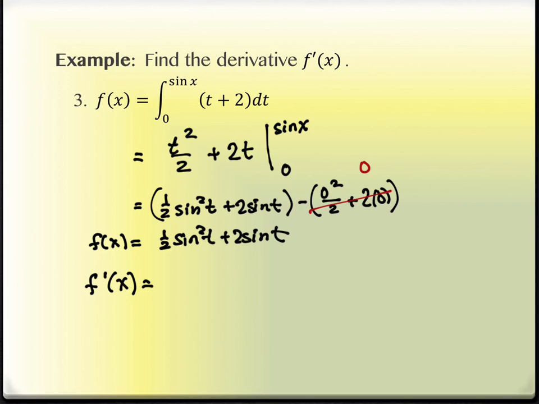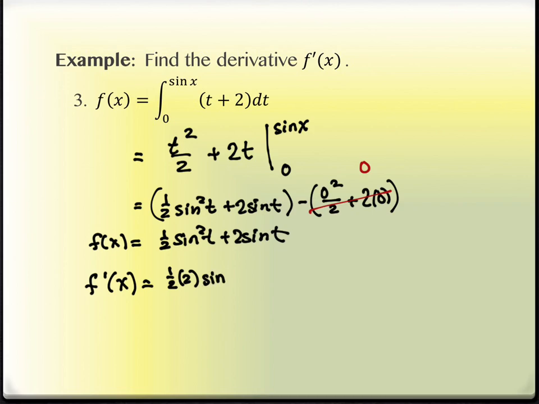Okay, so now we're going to take the derivative of this. I realize you don't have much space to work if you've written this in notes, because we're going to do the shortcut, and it's a lot faster, a lot shorter. We're going to take the derivative. Well, what do we have to do when we have to take the derivative? Well, we first need to notice that sine squared makes it a chain rule, right? The chain rule part of this is what makes this a little tricky. Okay, so I've got a chain rule. That means I need to take the 2 that's the exponent of sine and bring it down to the 1/2.